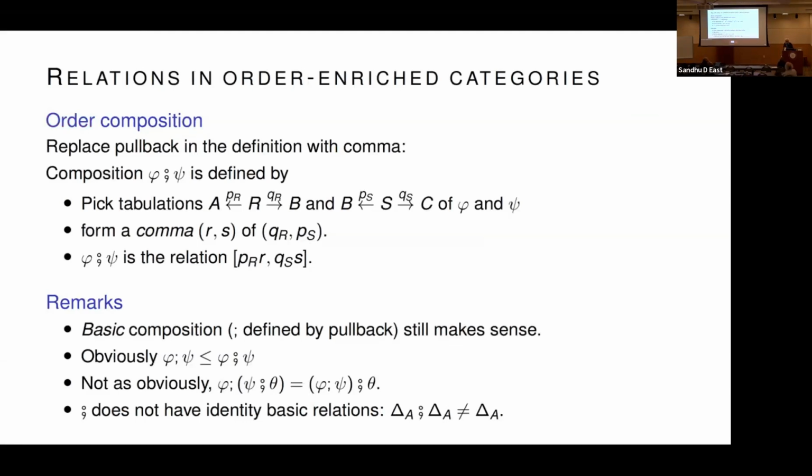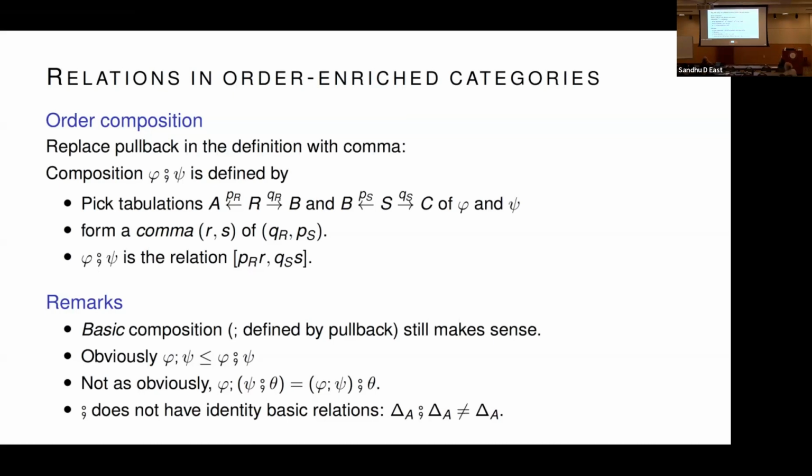Now, in my setting, I need to think about two different kinds of composition. So composition, where I'm using a fat semicolon there, takes the same situation. You take two relations that are defined this way, and instead of using a pullback here, you use a comma.